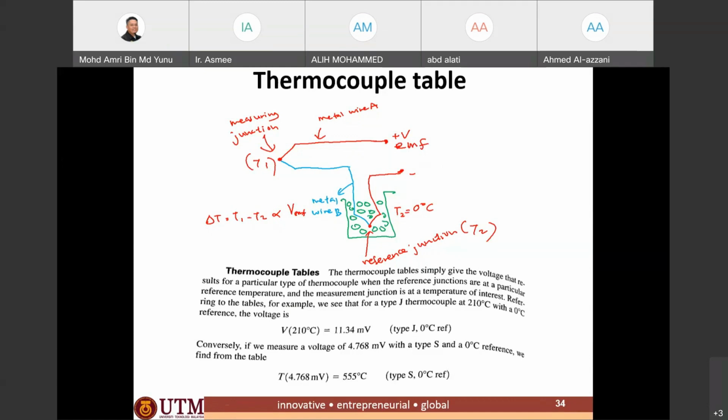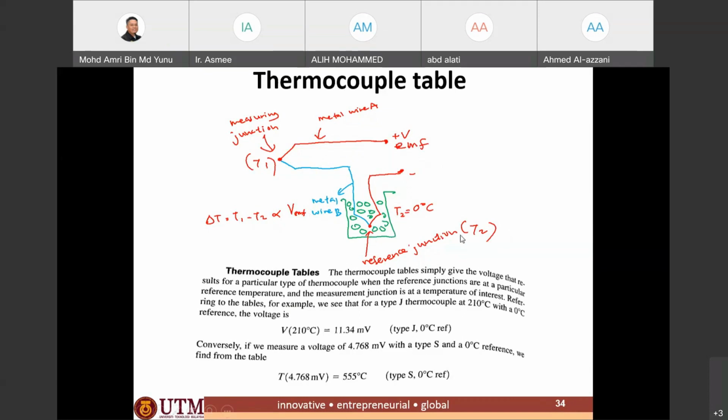The table basically shows the output voltage at a certain temperature difference.